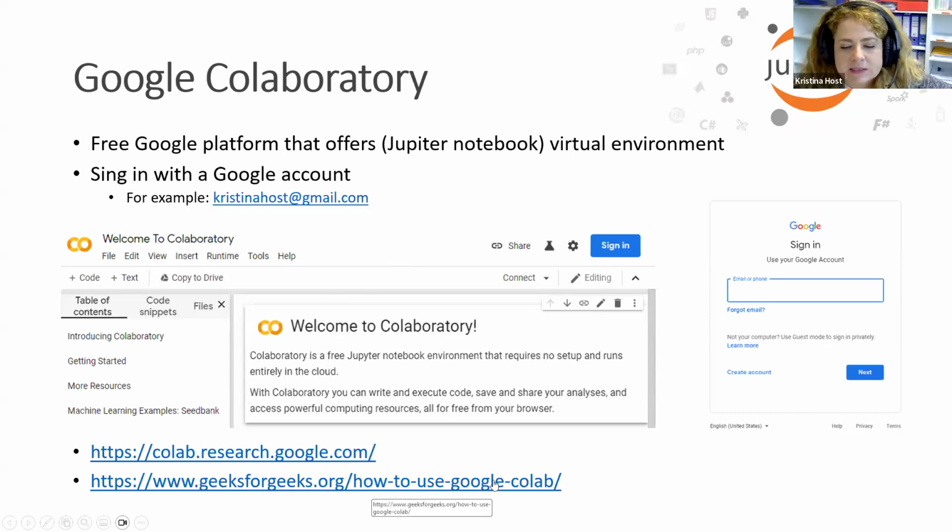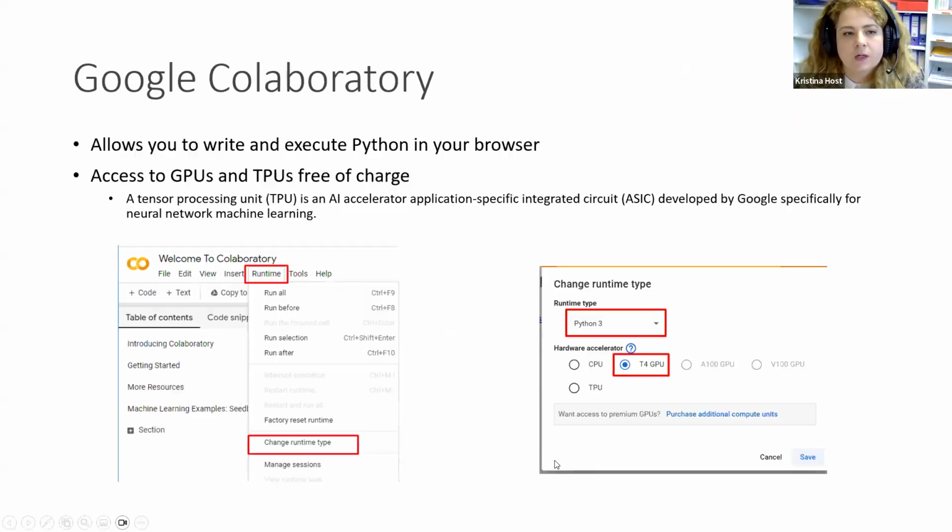And these are some basic steps, if you will need them, on how to use Google Colab. Google Colaboratory allows you to write and execute Python in your browser, and you have access to GPUs and TPUs free of charge. Also, you can use R if you are familiar with that language, but we will do it in Python.